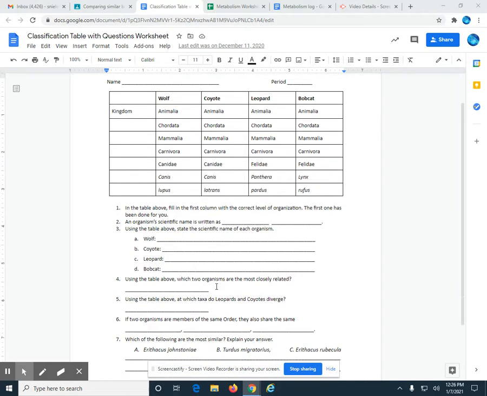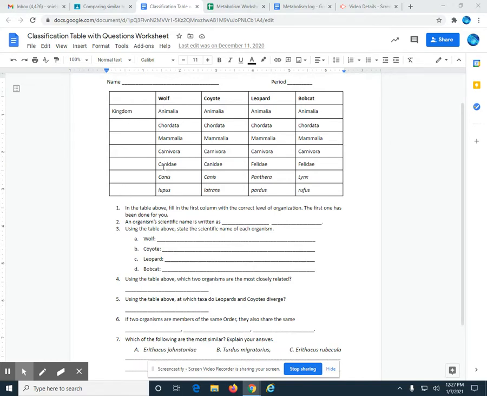Which two organisms are most closely related? Who's got this one? Call it out, please. The wolf and the coyote. And the reason you know that is because they have the most classification categories in common. They're all animals in the animal kingdom. They're in the phylum Chordata, the class Mammalia, the order Carnivora.